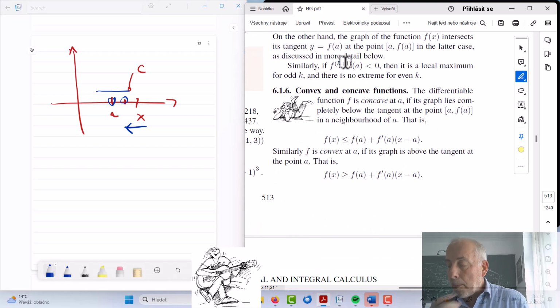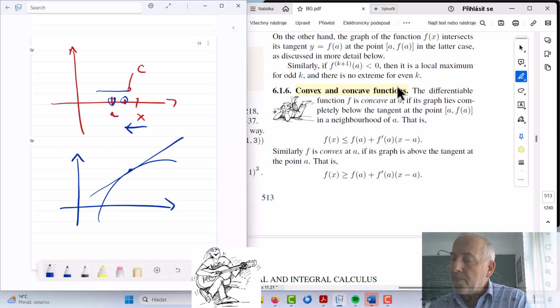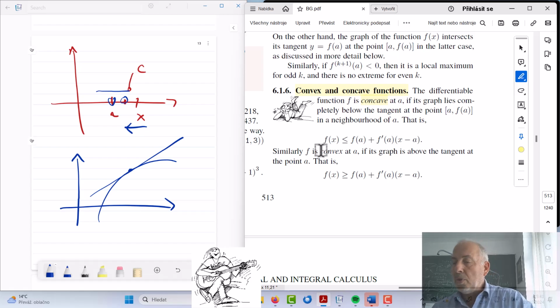Well, let's go on. Imagine now how the functions behave. That's what I was trying to talk about last time too, whether the function is above or below the tangent line, right? So we say that the function is concave if its graph lies completely below the tangent.